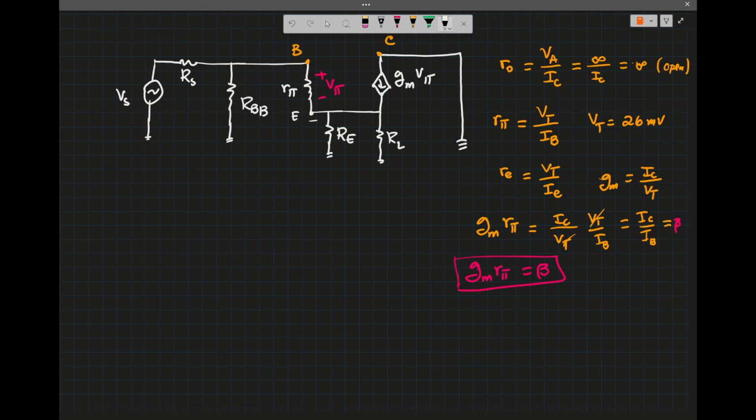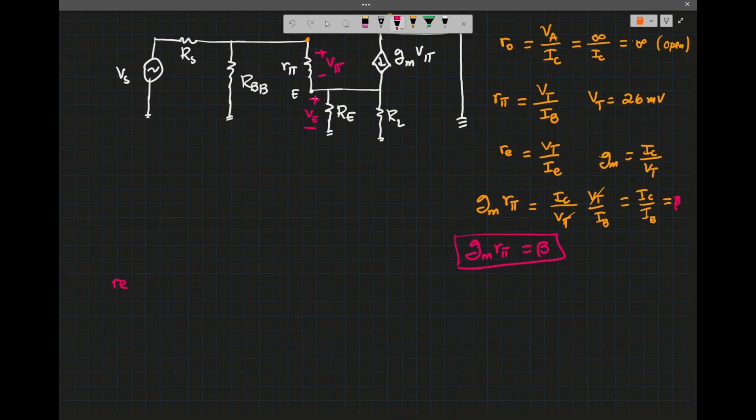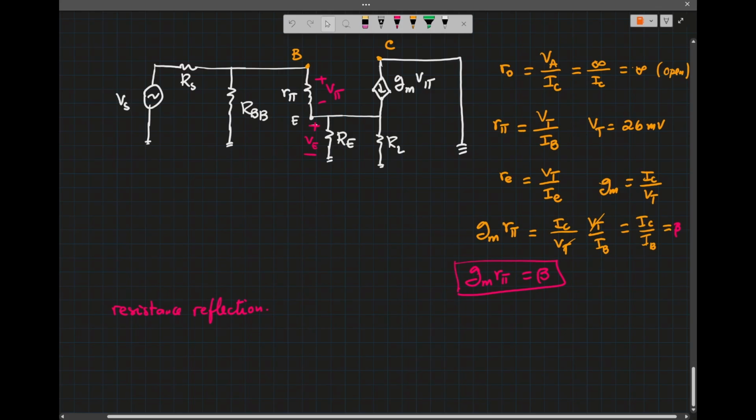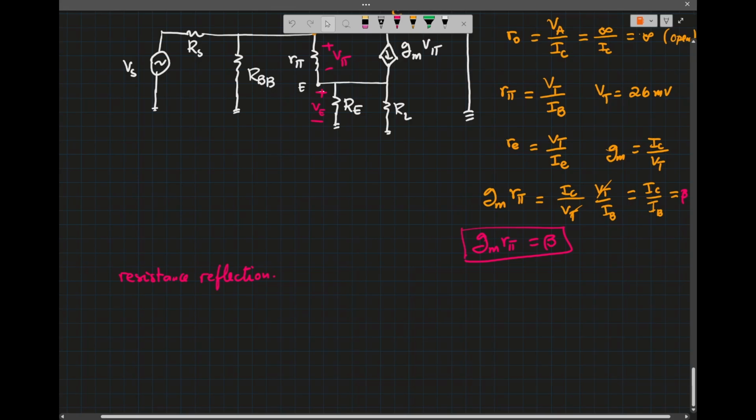I'm going to show you what we call the resistance reflection. We're going to reflect to the base and reflect to the emitter. So let's reflect to the base.